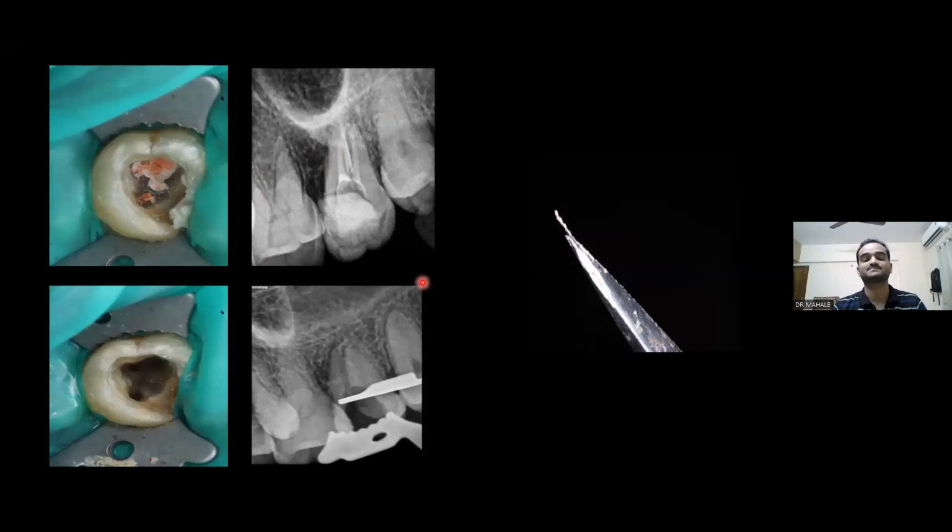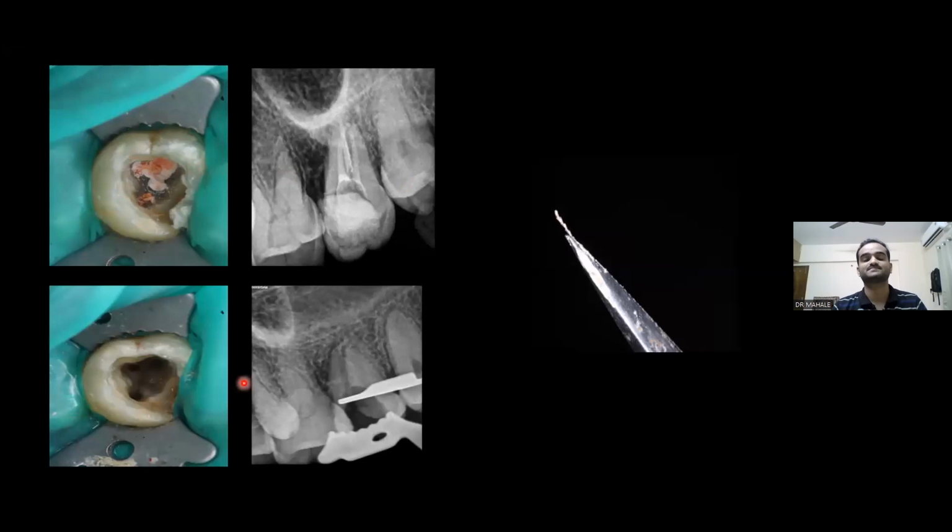So I used ET25 in conjunction with GP solvent and removed the GP around the file using the very thin ET25 file. And once the file became loose, I flushed the canal with the irrigant and activated the file to retrieve it.